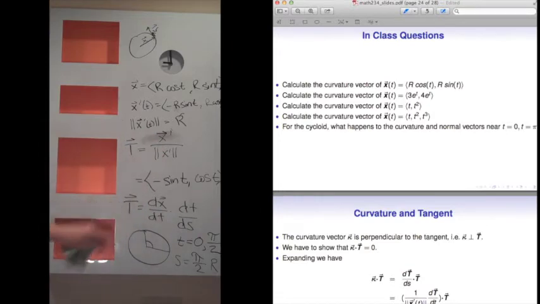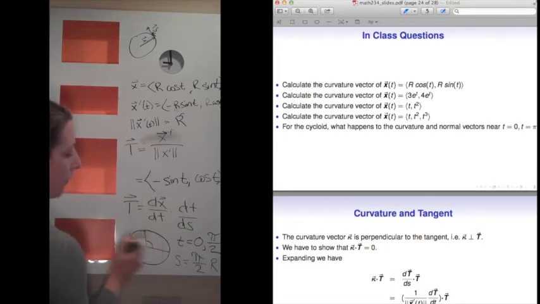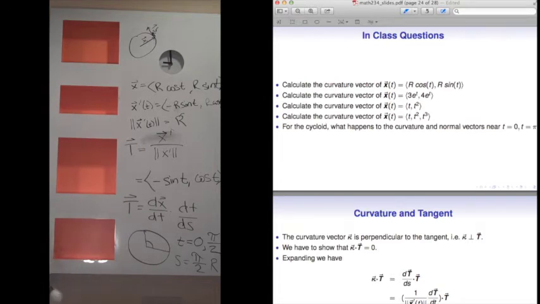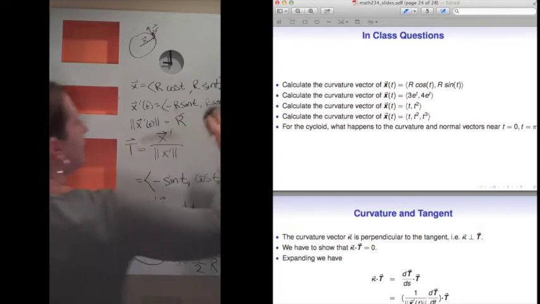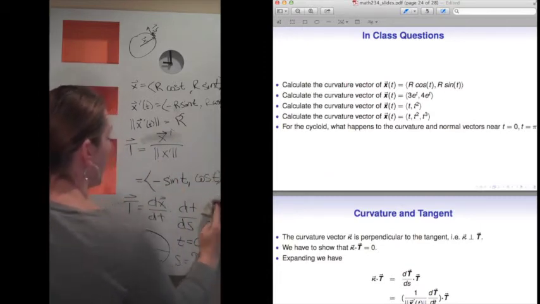Now we're going to go one step further, and we want to calculate the curvature of, essentially, the circle. All right, so let's keep everything up to here.